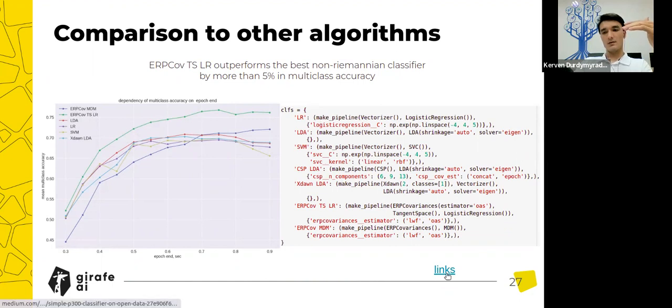Also, in this link, you can see Vladislav's work. It's also using the PyRiemann library. It's a Medium post, and you can read it from there.